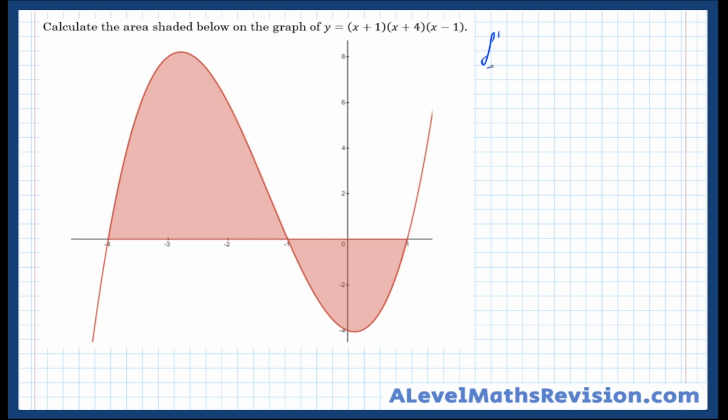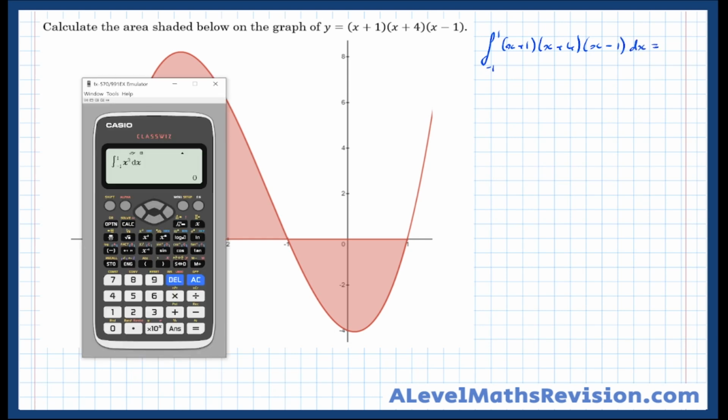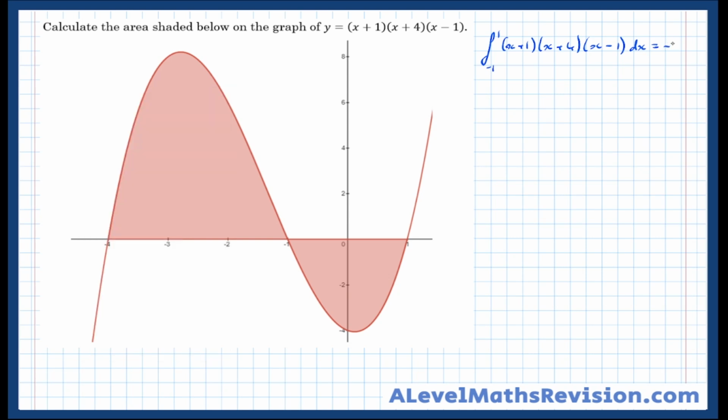So the integral between 1 and minus 1 of that is equal to, so the integral of (x plus 1)(x plus 4)(x minus 1), between the lower limit minus 1 and the upper limit 1, is equal to minus 16 over 3. Remember that's negative, so we're going to make it positive when considering it to be an area.